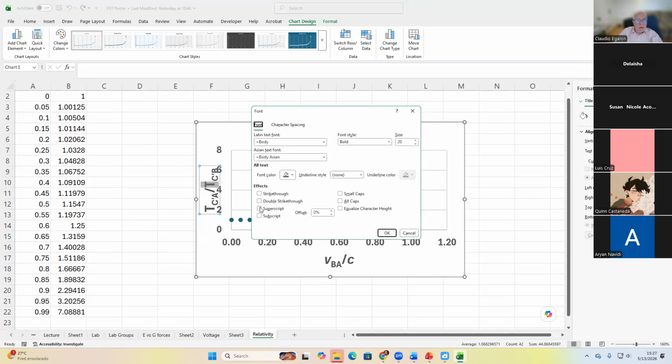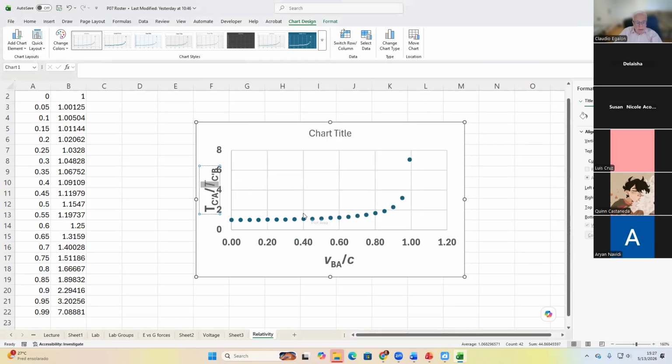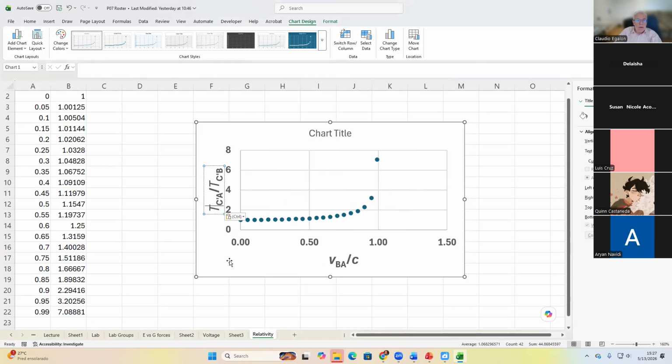Bold, italics. Do we have bold here? Yeah.